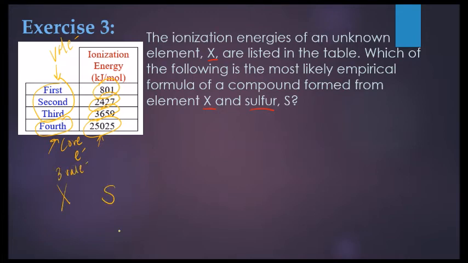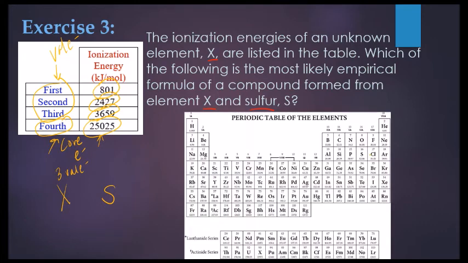What do we know about sulfur? And we can look on our periodic table. What do we know about sulfur? Yes, it has 6 valence electrons, and it has a -2 charge, so you look that up, -2 charge. If X has 3 valence electrons, it's got to be somewhere in this group.